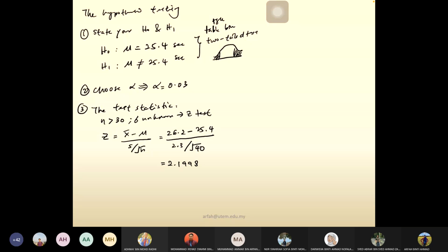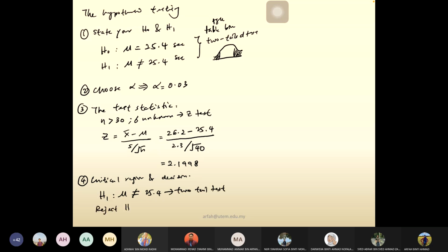Okay, so itu adalah step ketiga. Step keempat, apa step keempat? Establish the critical, the rejection region, critical region and decision. Okay, so since awak punya tanda H1 mu does not equal 25.4, this is a two-tail test.